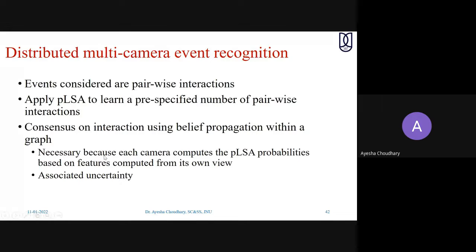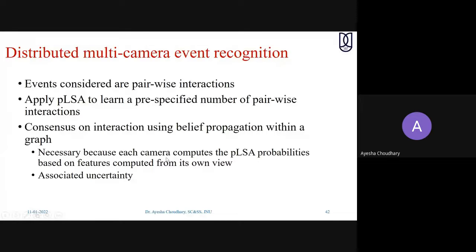Now, events are considered as pairwise interactions. Now, how do we know what is a pairwise interaction? So we apply probabilistic latent semantic analysis to learn the pre-specified number of pairwise interactions. So here is where supervised learning comes in. We are learning what are the interactions that can happen. And consensus on the interaction using belief propagation within a graph.